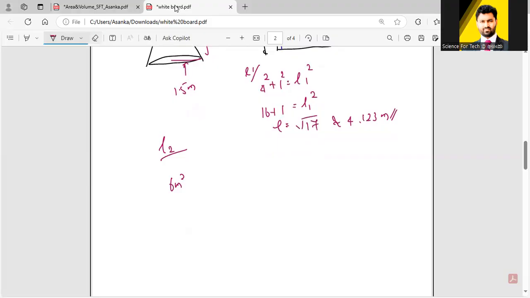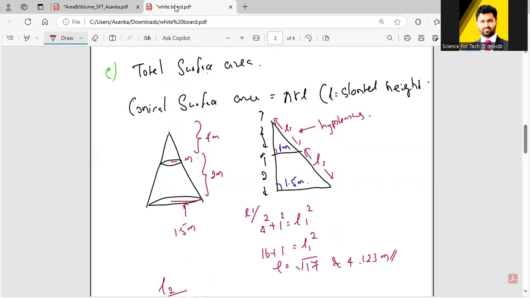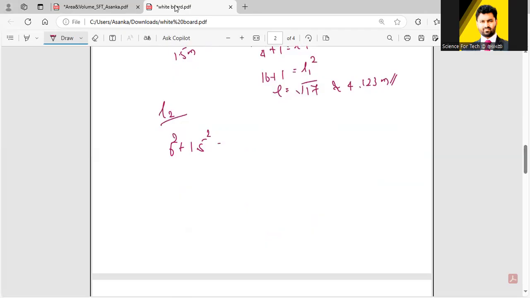Now I'm going to remove the units. 6 squared plus 1.5 squared, equals L1 plus L2 squared. Here it is 36 plus 2.25 equals L1 plus L2 squared.